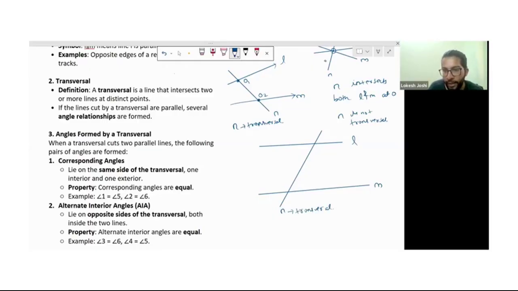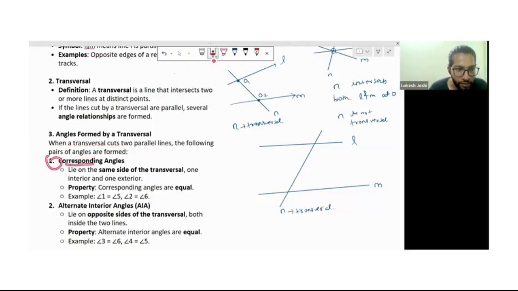So when L and M are two parallel lines, then there are some special angles formed and they have some relationships. Now this topic we are doing for the case when a transversal intersects two parallel lines at two different points like that. Okay. So when a transversal cuts two parallel lines, the following pairs of angles are formed.